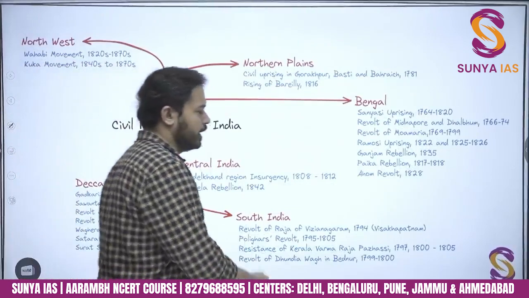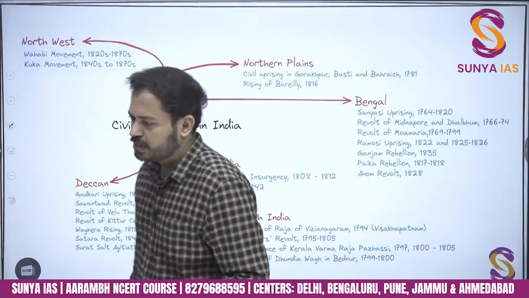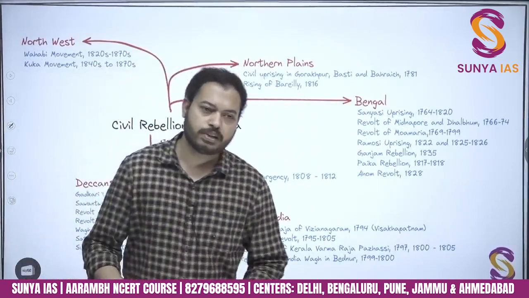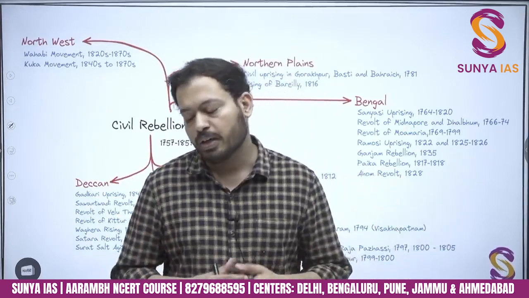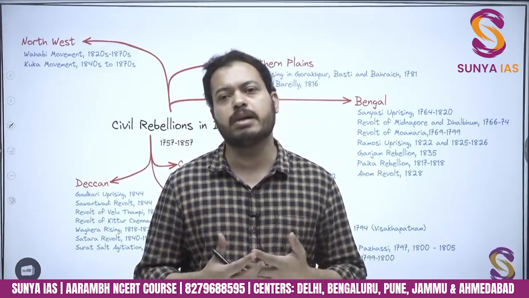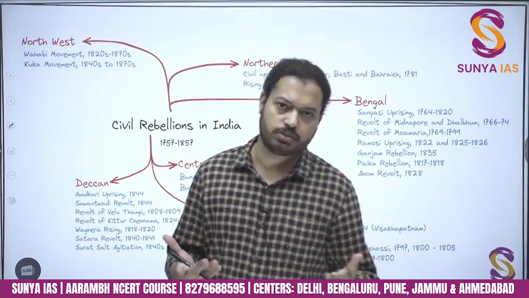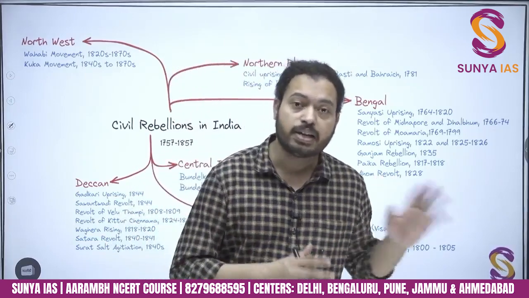Again, the same thing. Just like tribal revolts, when you refer to your Spectrum or any other book, there will be civil rebellions. These civil rebellions include not only peasant rebellion, but also sometimes rebellions by erstwhile officials. For example, Gadgaris were working for the Maratha Empire in Nagpur.